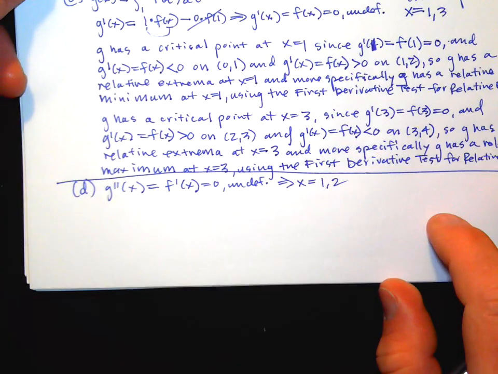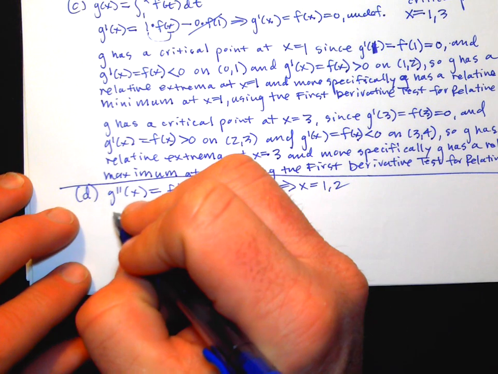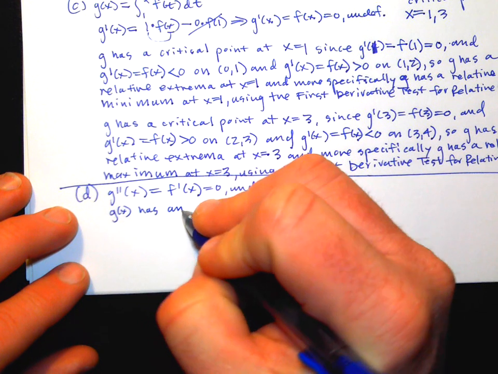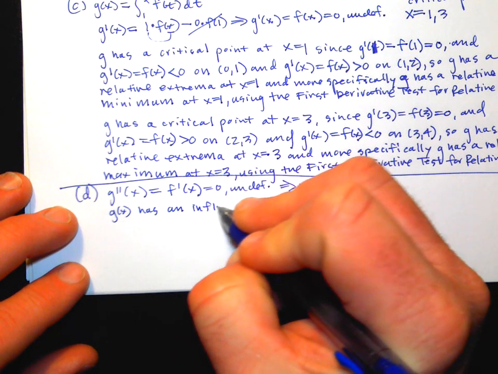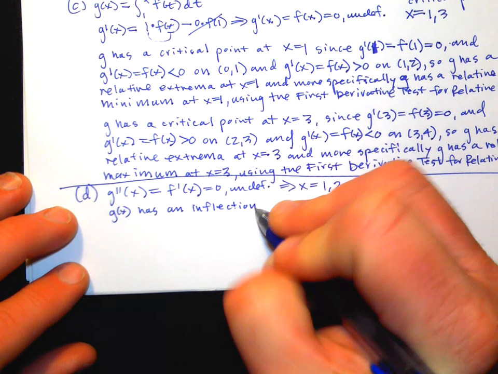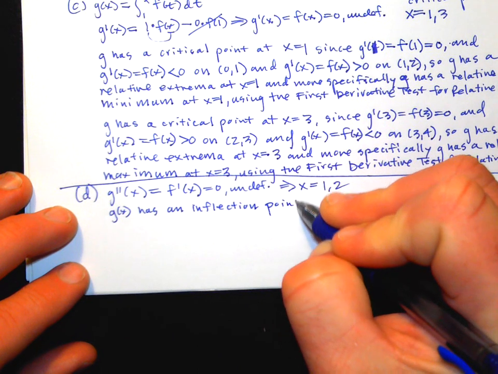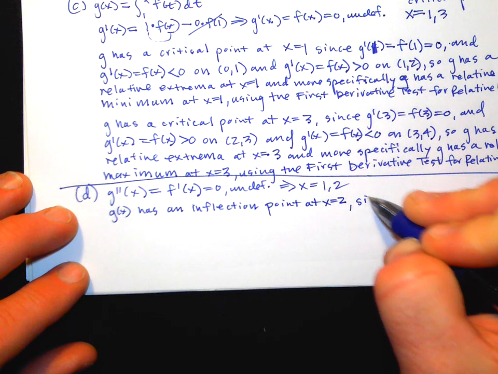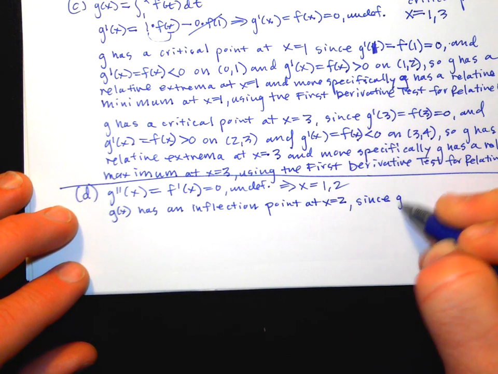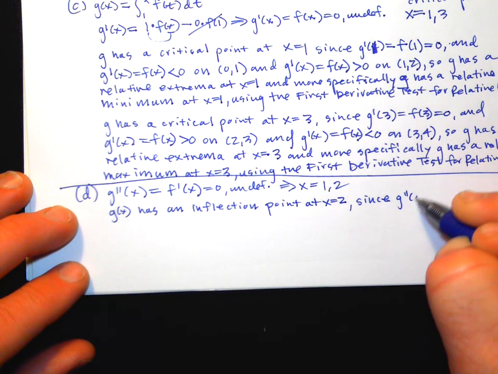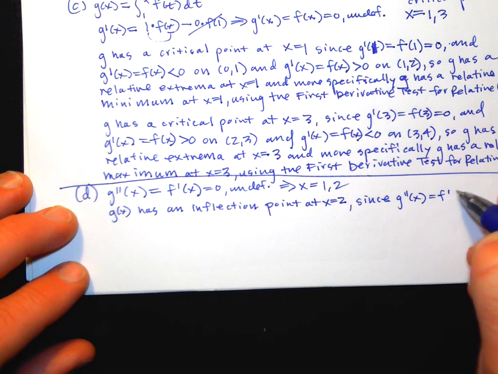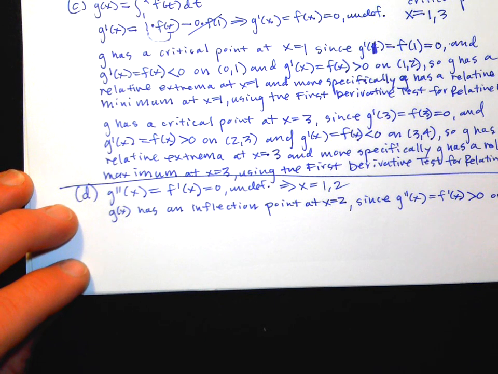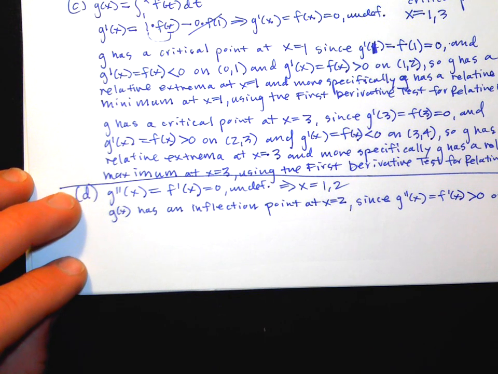So we've got to put that in words. g of x has an inflection point at x equals 2 since g double prime of x, which equals f prime of x, is positive on the interval directly to the left, 1 to 2.